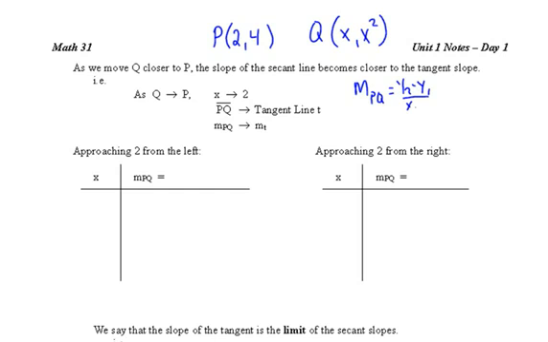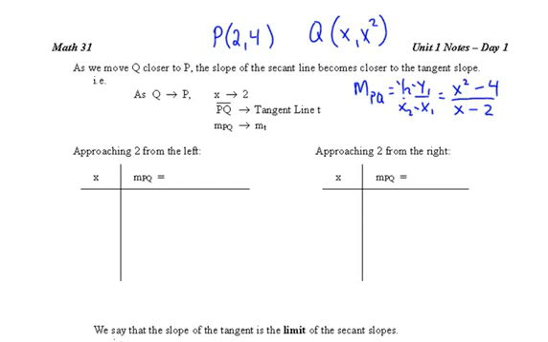Okay, so let's make our slope. y2, x squared minus 4, over x minus 2. Can we do anything with this?